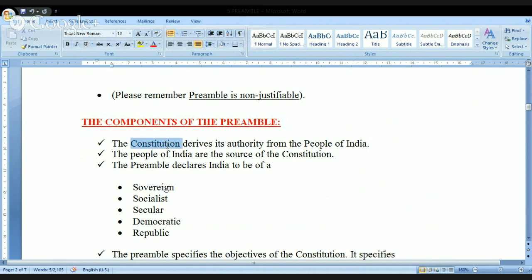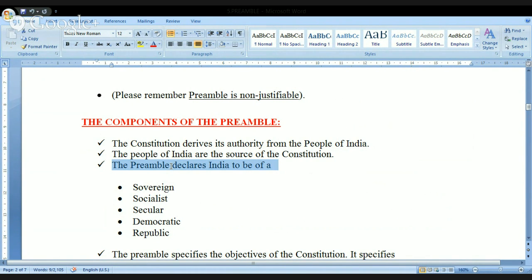The Constitution derives its authority from the people of India. Yes, we have understood this in the beginning itself. The people of India are the source of the Indian Constitution. Next, the preamble declares India to be a sovereign, socialist, secular, democratic republic.